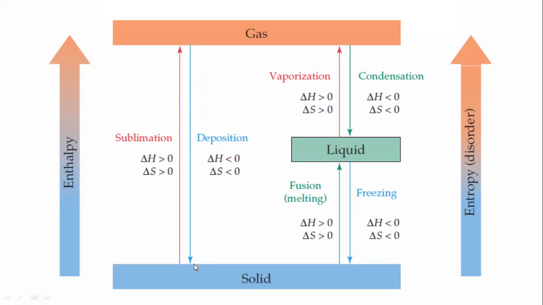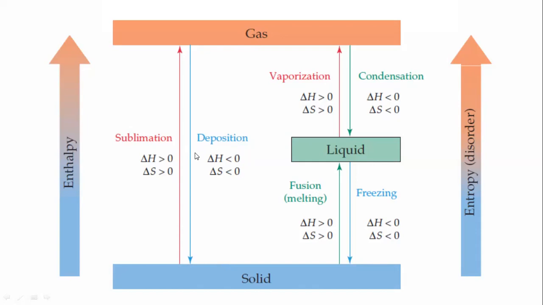And the reverse phenomenon is called deposition. And this process will only happen when you evolve the heat or release the energy out of the gas. And when you release the heat, the gas molecules come together, join together to form the solid.